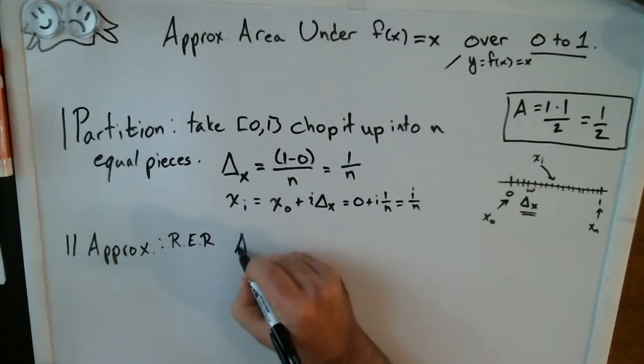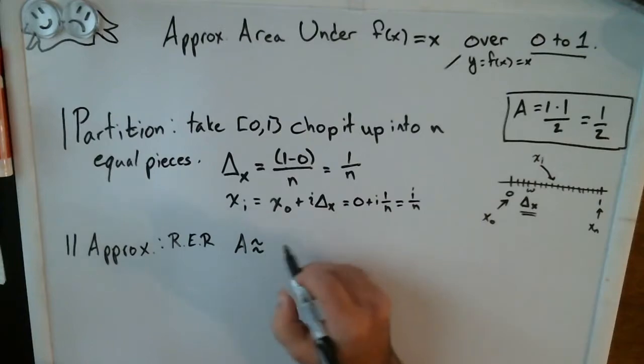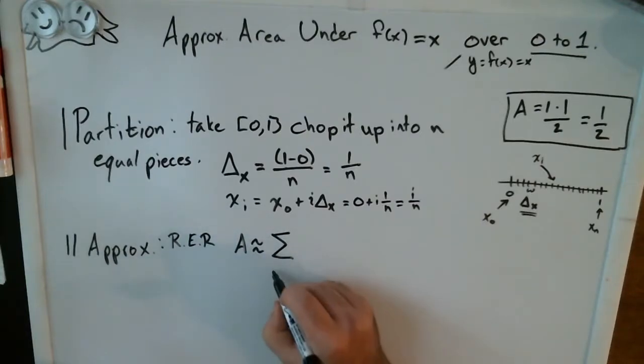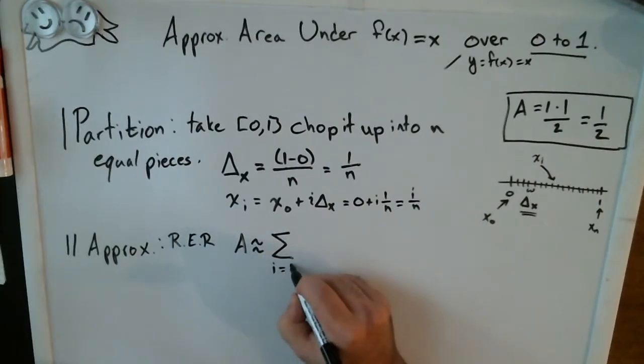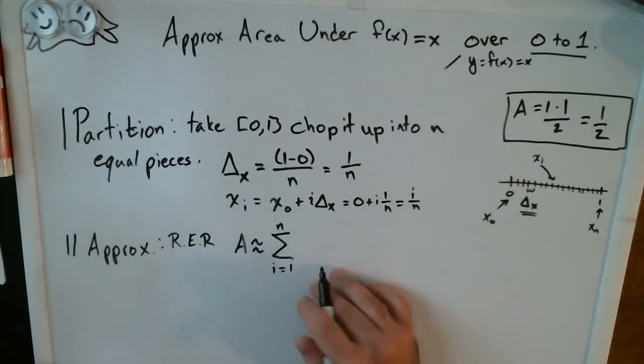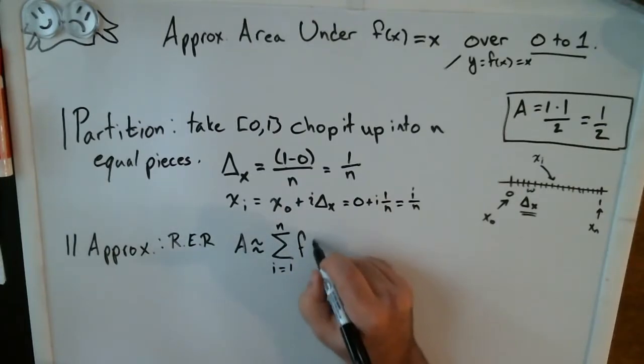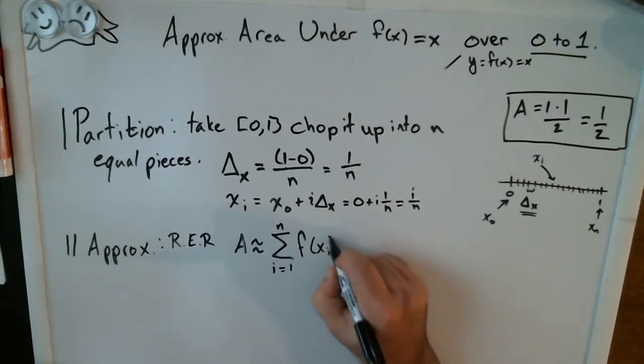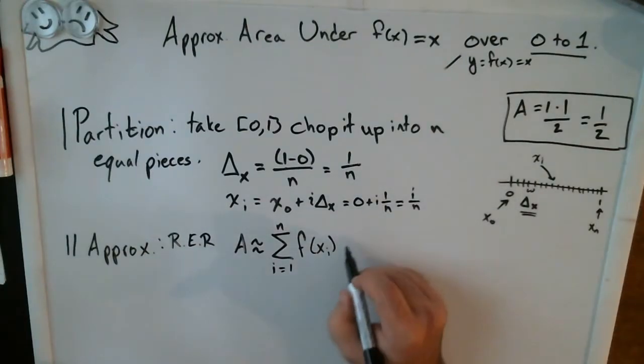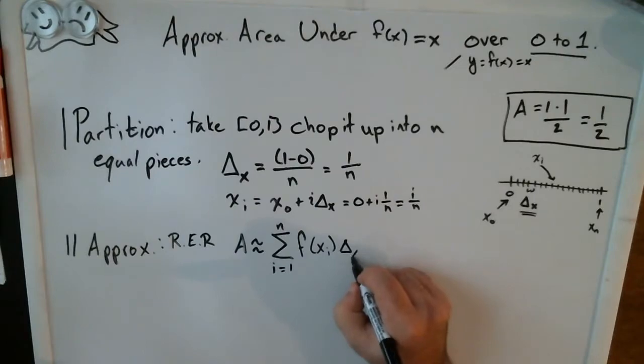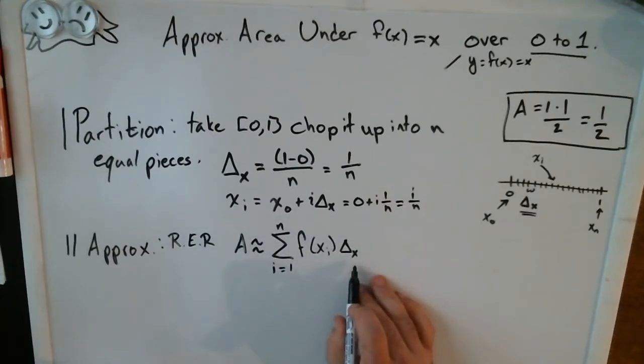It says the area is approximately equal to the sum from i equals 1 to n of my function evaluated at the ith cutting point, multiplied by how wide my intervals are.